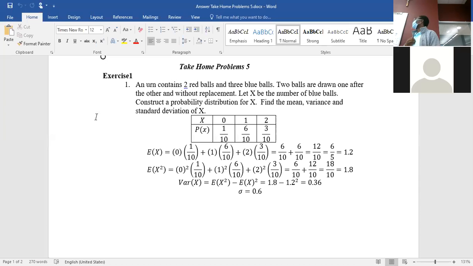Any other question for that one? Now for 2 blue, we have this one, 2 blue. It's 3/5 times 1/2, which is 3/10.